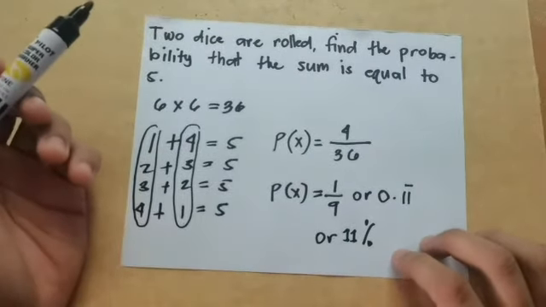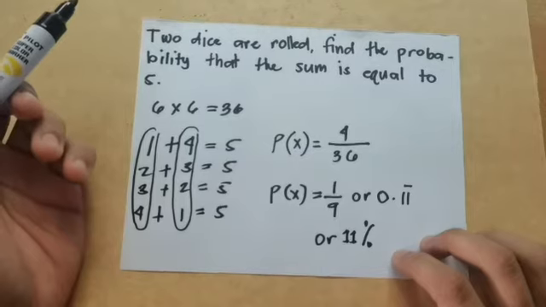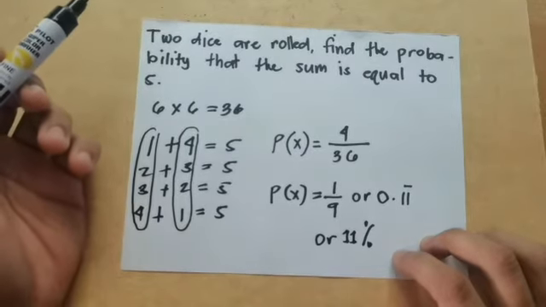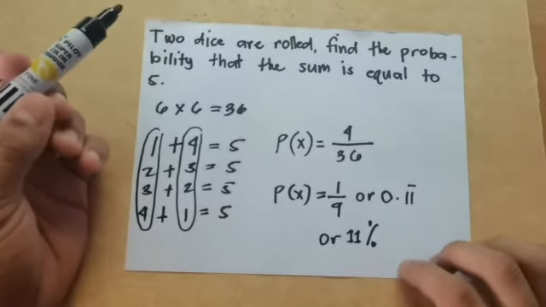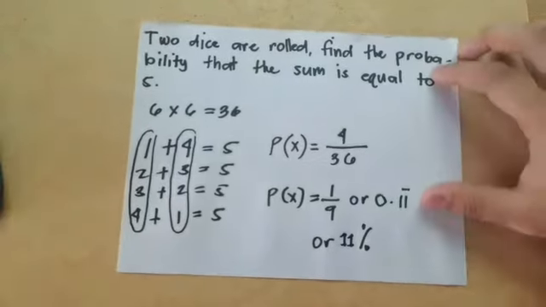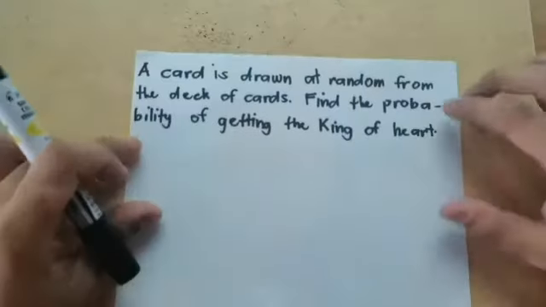So when you roll 2 dice, the probability that the sum is equal to 5 is 11%. Next question.